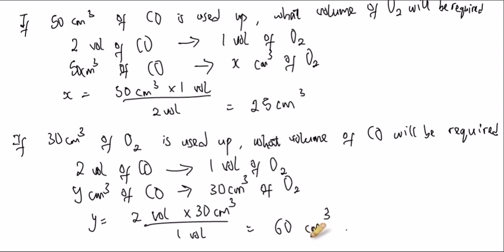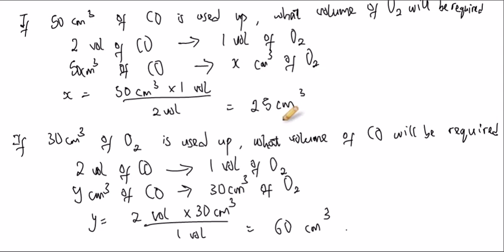But if we used all of the oxygen, 30 cm3, we'll be needing 60 cm3, and we are not given up to 60 cm3 in the question. So that means oxygen gas cannot be the limiting reactant. That is, we cannot use all of the oxygen gas, hence making carbon(II) oxide the limiting reactant. That is, we'll be using all of the carbon(II) oxide.